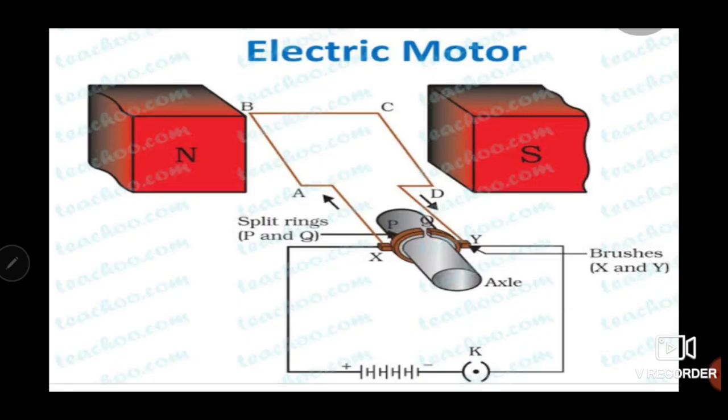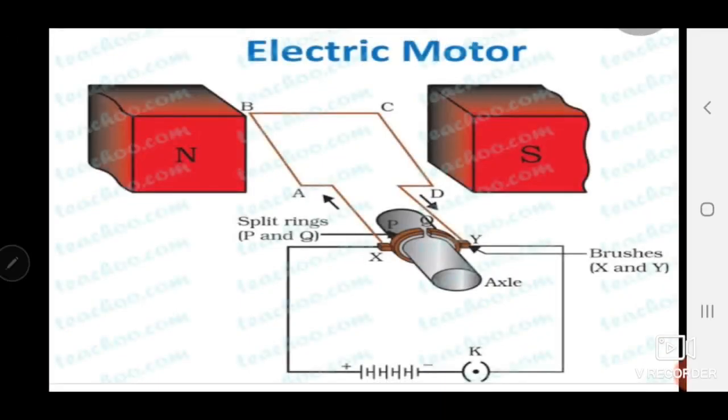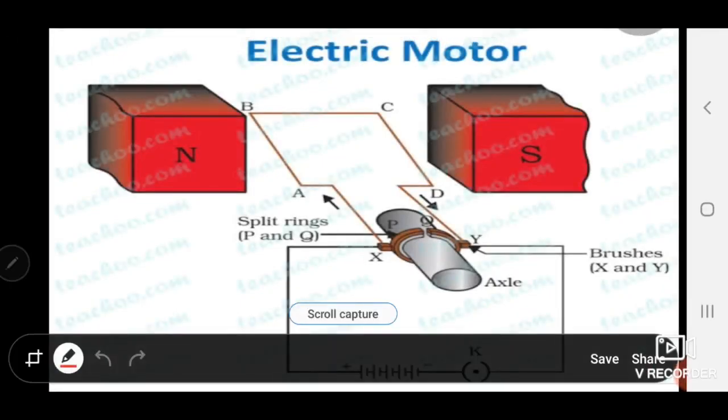The diagram of this electric motor is very important for your exam, like the AC generator diagram. First, what is an electric motor? An electric motor is a device which converts electrical energy into mechanical energy.